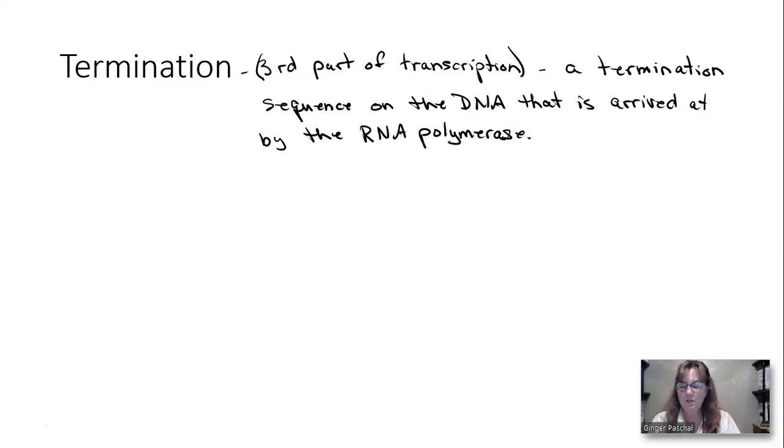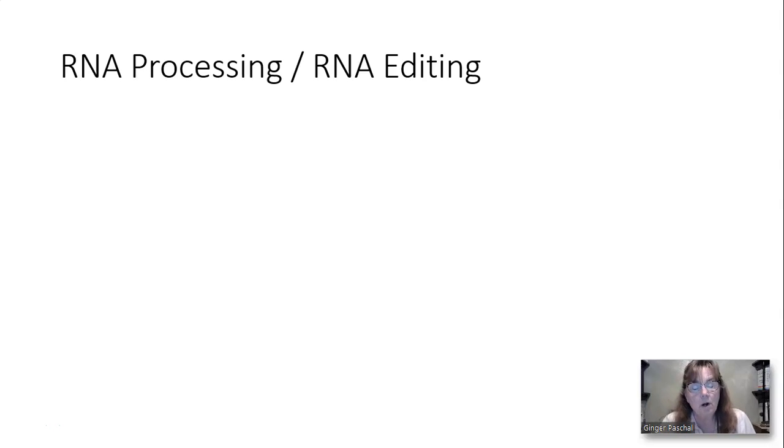And that's all termination is. Termination is pretty straightforward. So that one's pretty short. So those are the three parts of transcription.